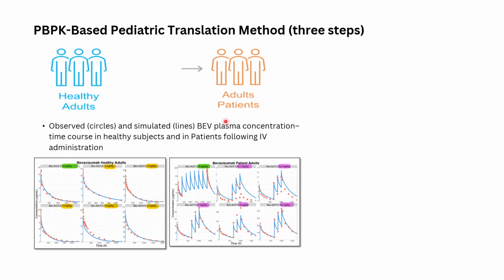So on this figure, the circles represent plasma concentration, and these blue lines are showing simulated prediction for healthy subjects and patients.